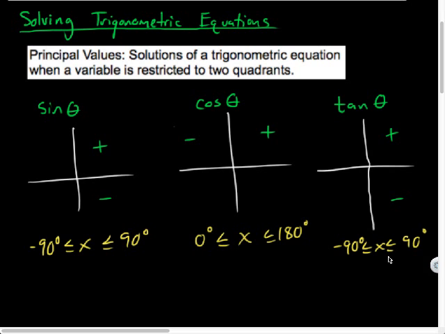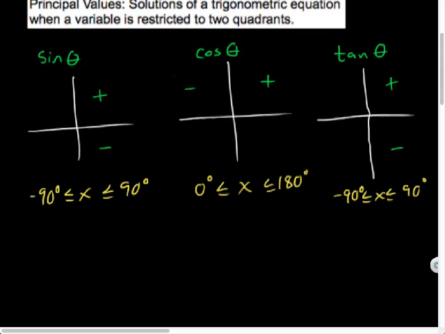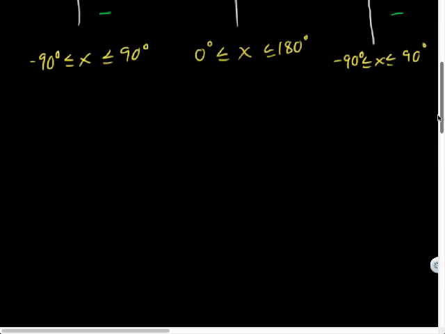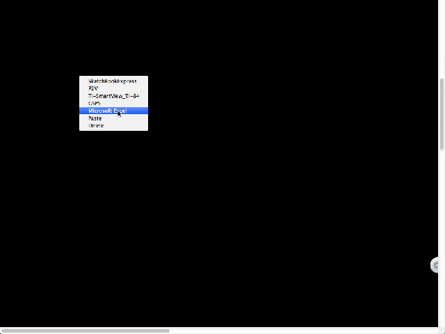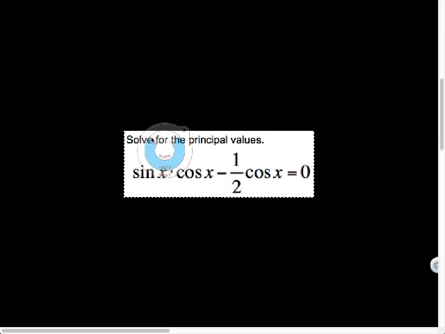That's what I mean when I say solve for the principal values. So without further ado, let's do a problem where I solve for the principal values. It's just a restricted quadrant answer that I'm looking for.